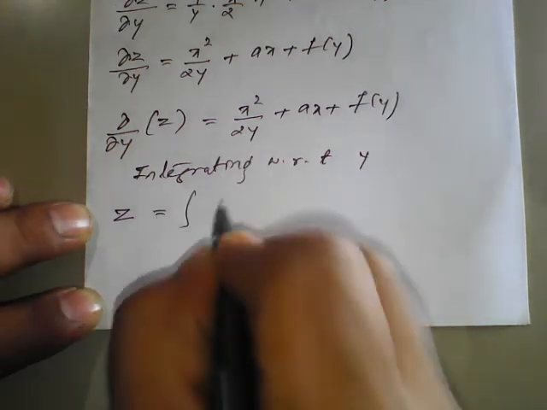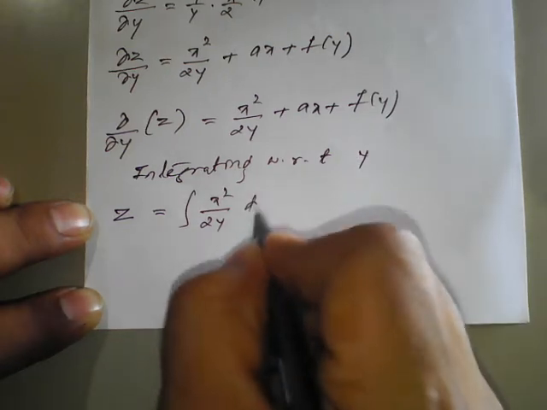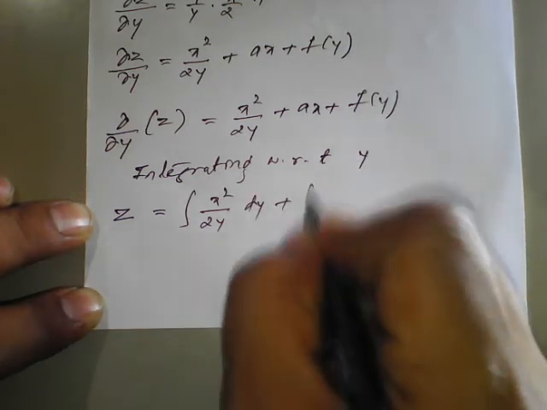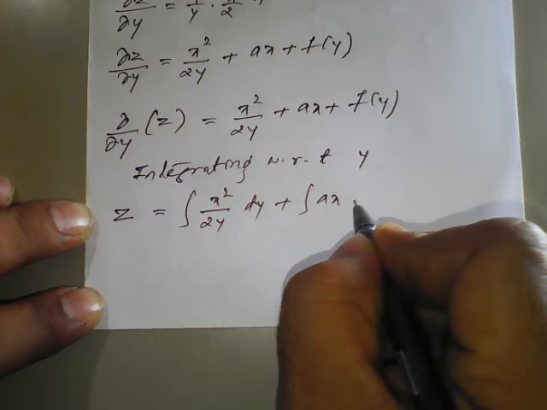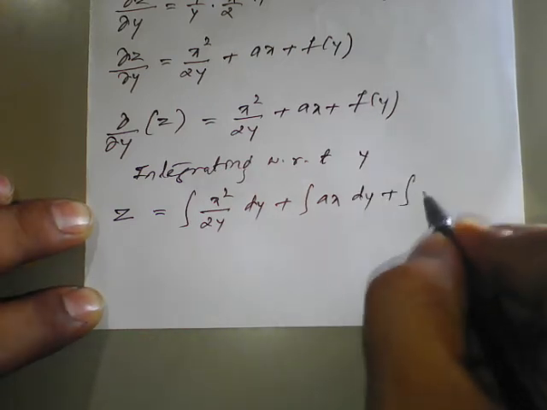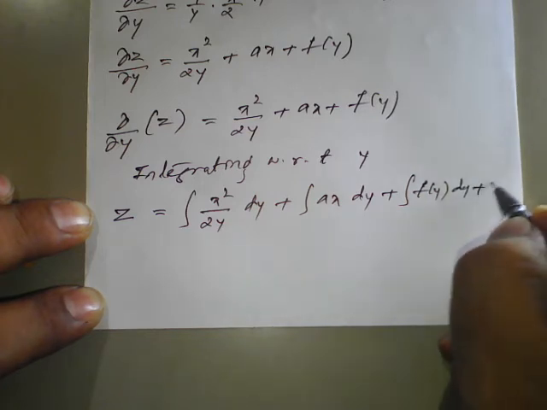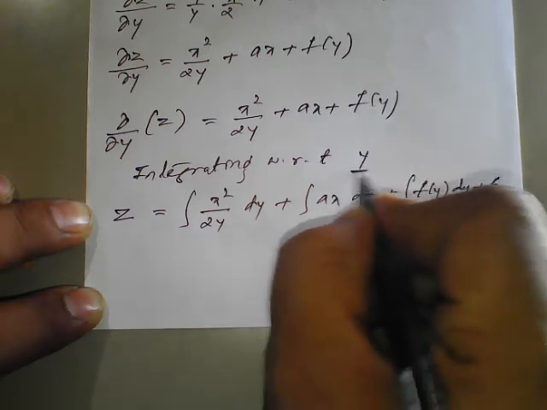integration of x square upon 2y with respect to y, dy, plus integration of ax with respect to y, dy, plus integration of f of y into dy, plus one more arbitrary integrating constant, g of x, since we are integrating with respect to y.